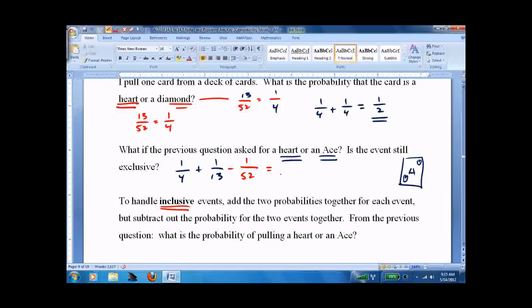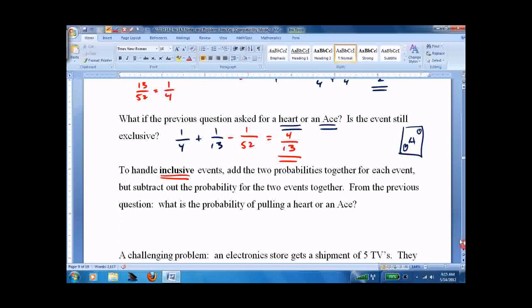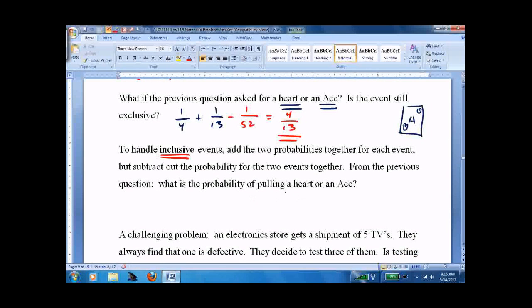You will get 4 out of 13 when you're all said and done. 4 out of 13 chance that you're going to pull a heart or an ace. So that's what we just did up here. We go the probability of a heart plus the probability of an ace minus probability of the ace of hearts.